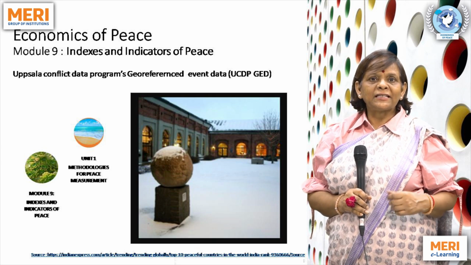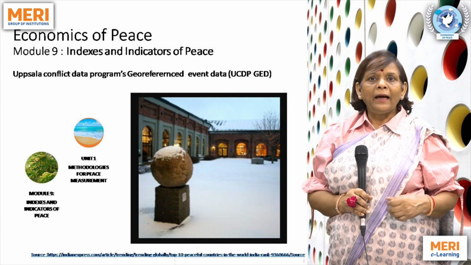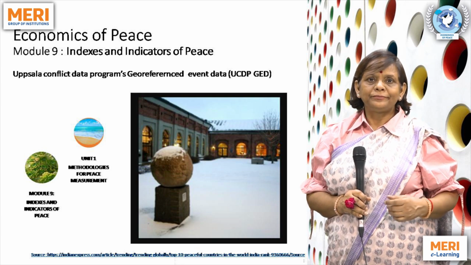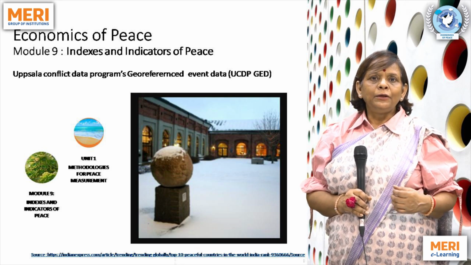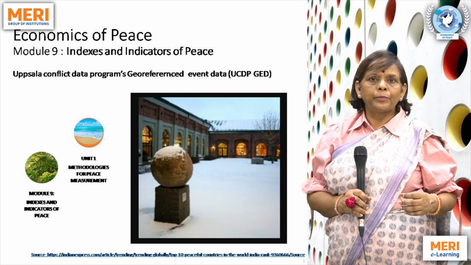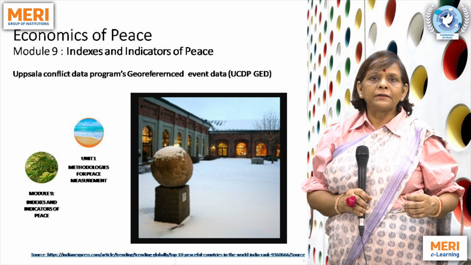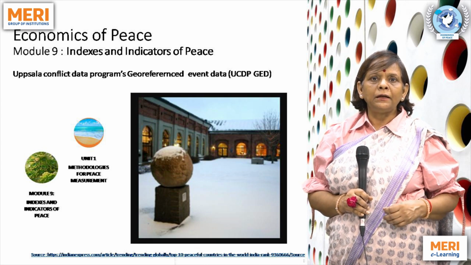Later, it expanded its data to one-sided conflicts and non-state conflicts too. The UCDP works closely with the Peace Research Institute Oslo, also called PRIO, and the Violence Early Warning System, also called VIEWS.